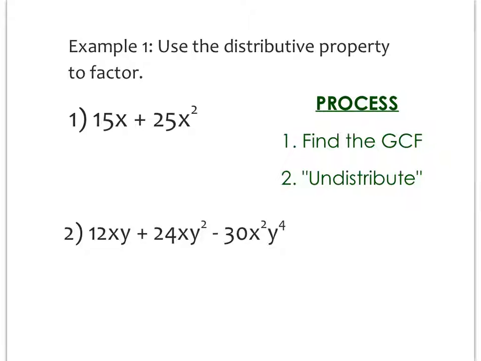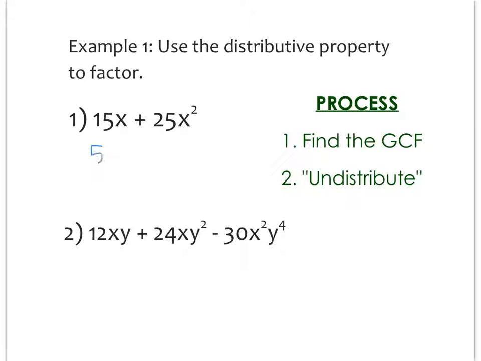So let's look at the first example, using the distributive property to factor. The process that we will follow is we will find the GCF, then we will do what's called undistribute, so work backwards. At number 1, we have 15x plus 25x squared. The GCF of 15x and 25x squared, thinking about this logically, would just be 5x.